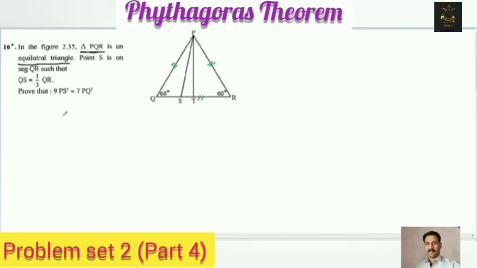One more thing is given: PT is perpendicular to the base. And we know whenever in an equilateral triangle a perpendicular is drawn, the base is bisected. So QT and TR are also the same, each half of QR. Now this part QS, which is 1/3 of QR, is given.